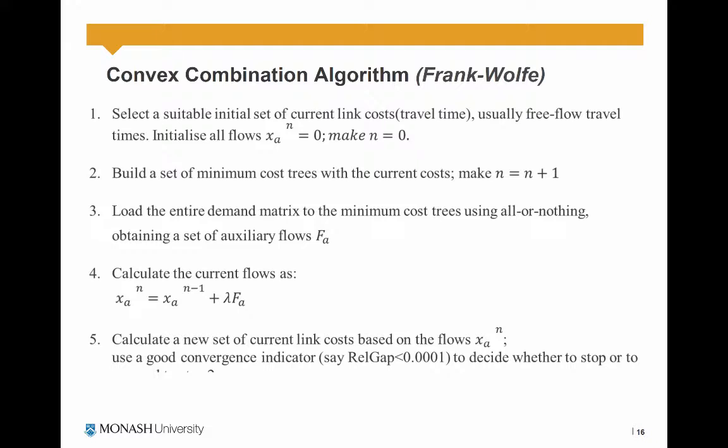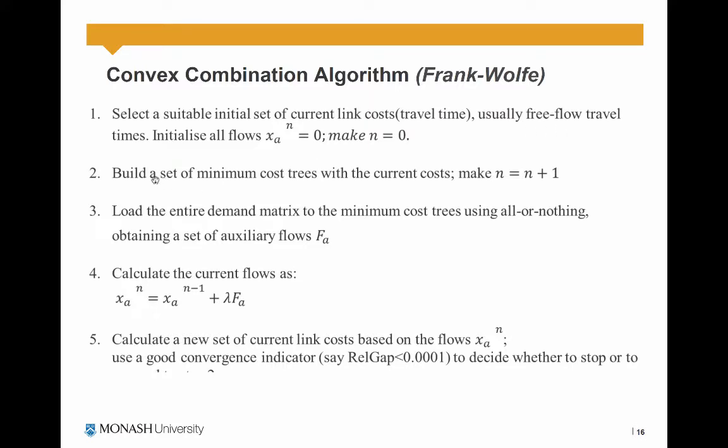So you initialize all flows of links. X_a is link flows and n is the iteration number. So the flows on each link at iteration 0 will be 0 and n is equal to 0. It's iteration 0 and we have the free flow travel time.